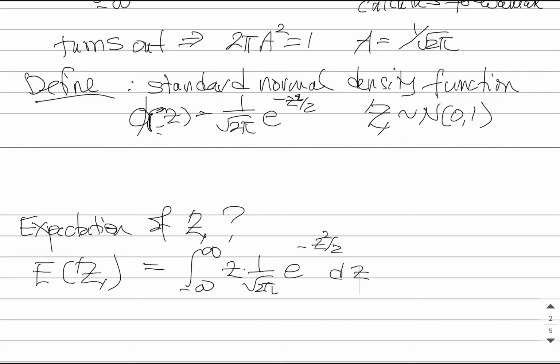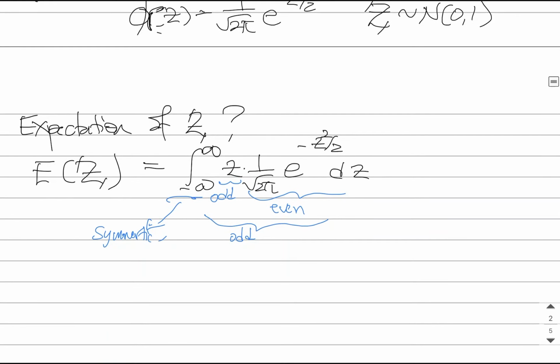And because, as we mentioned, this density function here is even, and z is an odd function, this entire thing is odd. And when we integrate an odd function with symmetric limits, the integral has to go to 0. This is a property that you get from integral calculus.